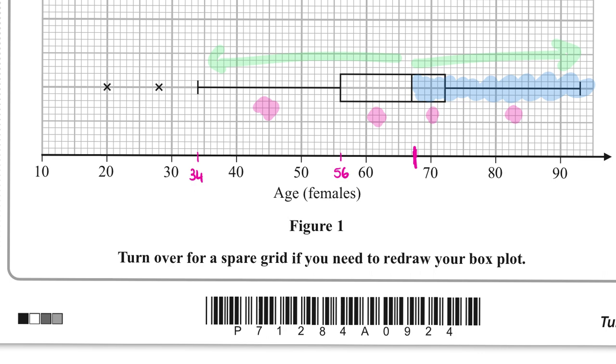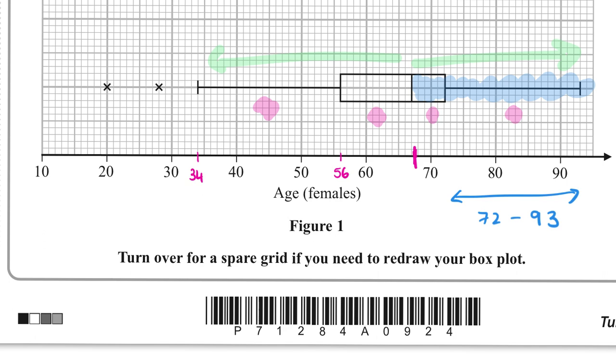But where would she be? It would be between 72 and 93. Everyone happy with that? For sure. It's going to be in the upper quartile. She is definitely between 72 and 93. For sure. But we can narrow it down a bit more.